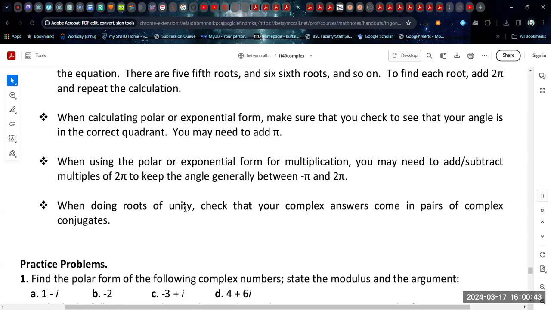And then when doing roots of unity, again, calculating roots of 1, check that your complex answers come in pairs of complex conjugates, because that is a requirement. So you can sometimes find calculation errors or typos if you're looking for those things.